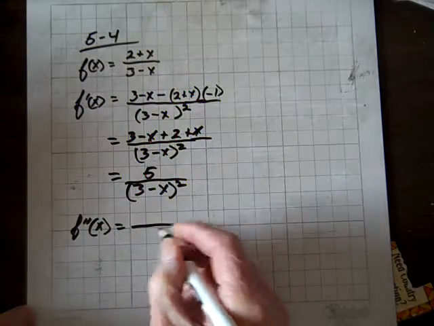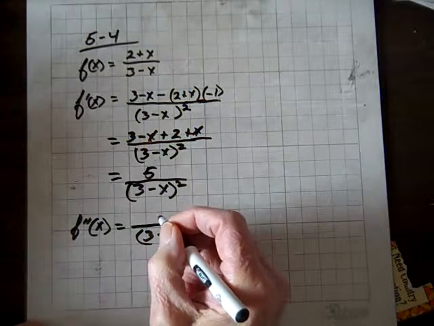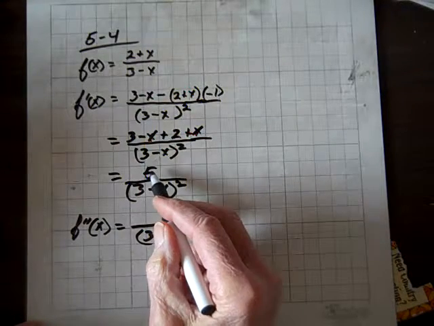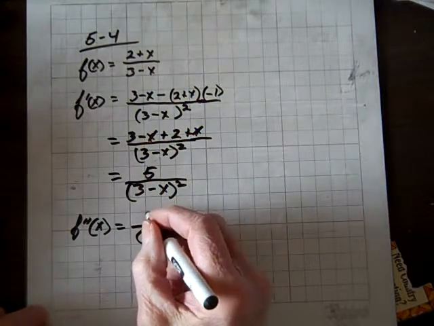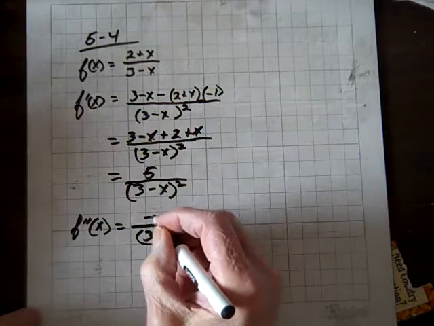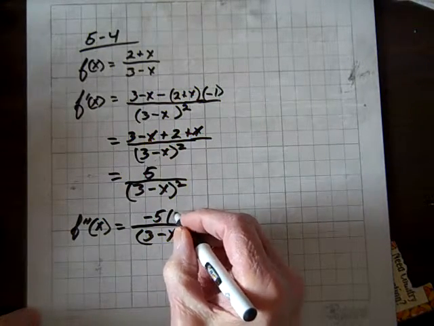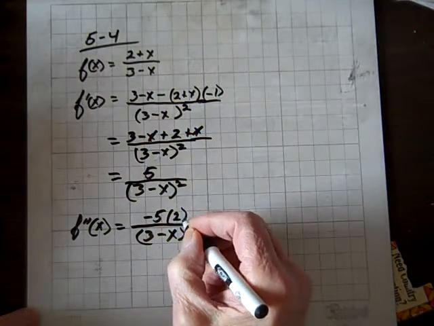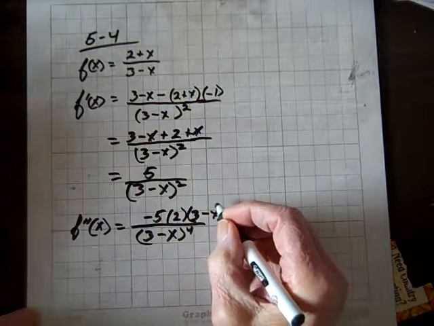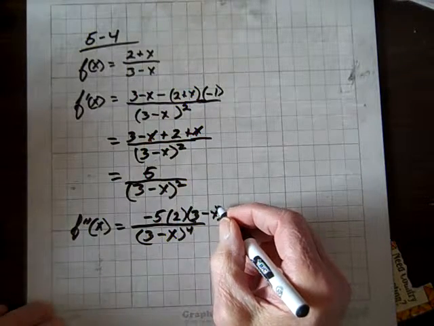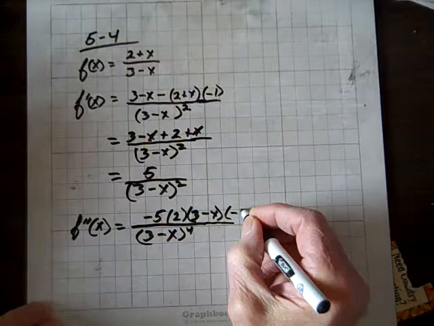So now again we square the denominator, so that's going to be 3 minus x to the 4th power, and now we'll take the derivative of the numerator, which is 0, and multiply it times the denominator, so that's going to be 0, then minus, and now we'll hold the 5 constant and take the derivative of the denominator, which is going to be 2 times 3 minus x, and reduce the exponent by 1, so we get a 1 here, and then take the derivative of minus x, which is minus 1.